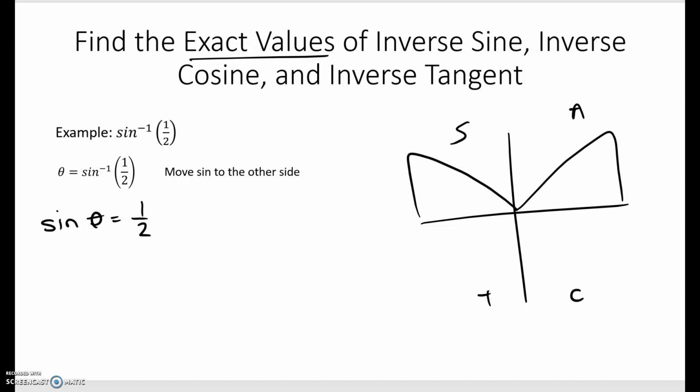But since I'm looking for the inverse of sine, which goes from negative 90 to 90, it's either quadrant 1 or quadrant 4. So because of that, we have got to choose this triangle here and get rid of that one.